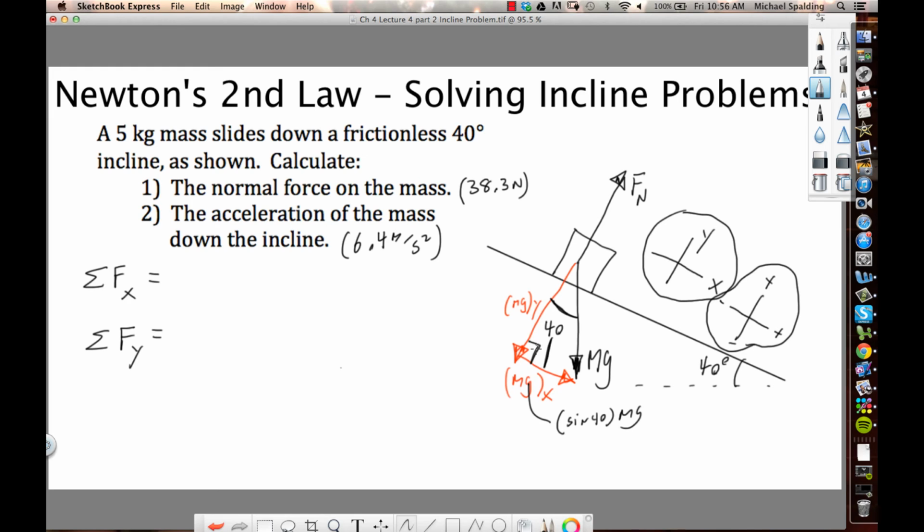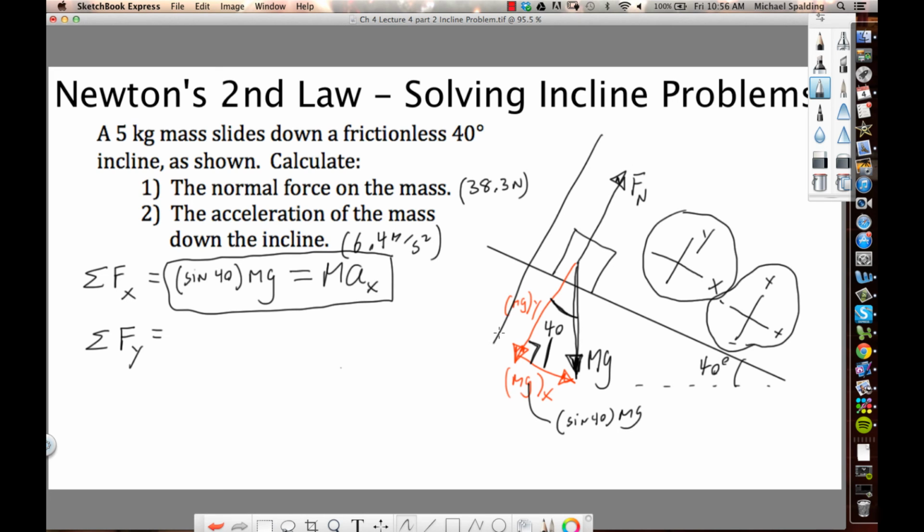Here's our right angle right there. mg over here is the hypotenuse. So we're solving for the opposite component. So here's what it looks like. You plug in here, you go sine 40 mg. That's the only x force for this problem. So sum of the forces always equals ma, where that's our x acceleration. Boom.